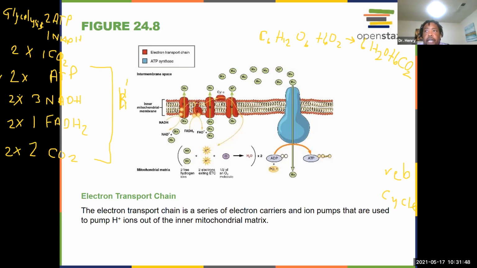Then that electron potential is going to be utilized to power this entire process, and as a result you're going to use this H plus gradient to make more ATP. So it's going to be a coupling of a reaction, okay?